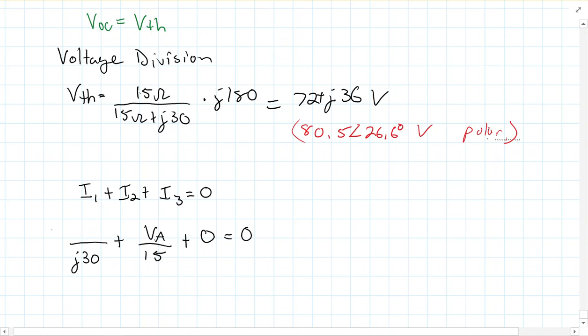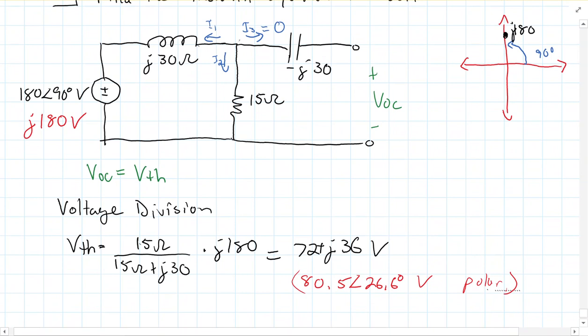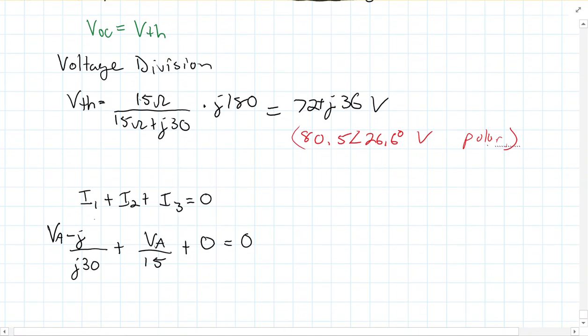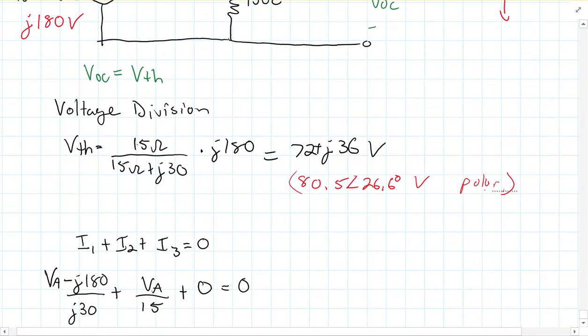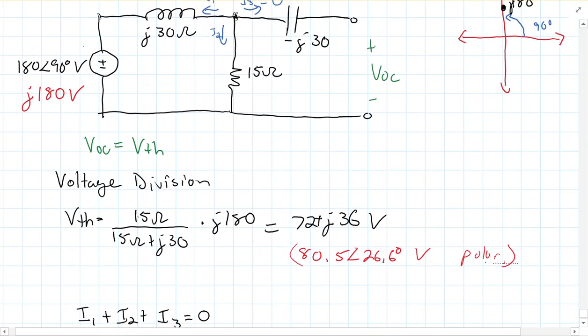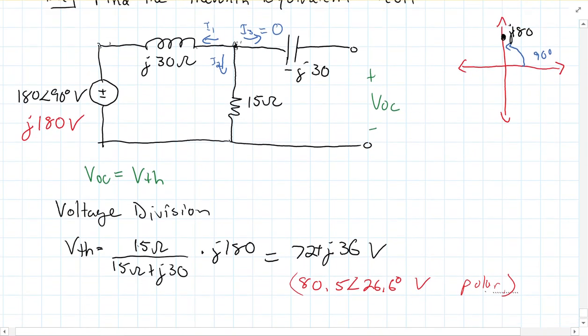It should be VA minus J180, because if we go back to here, this would be VA right here minus J180. Apologize about that. So VA minus J180 over J30 plus VA over 15, and then this is 0.